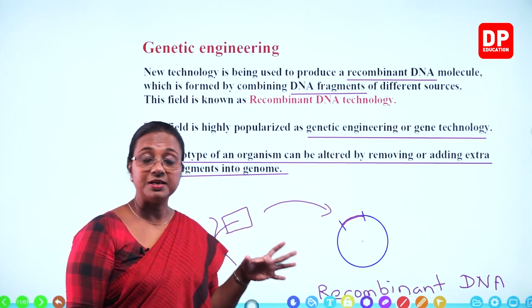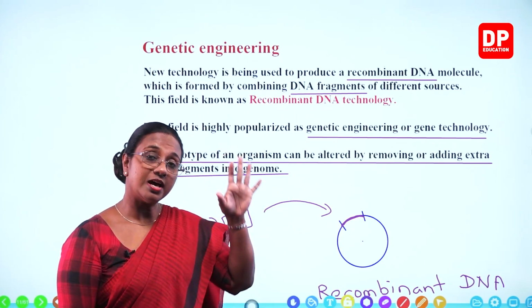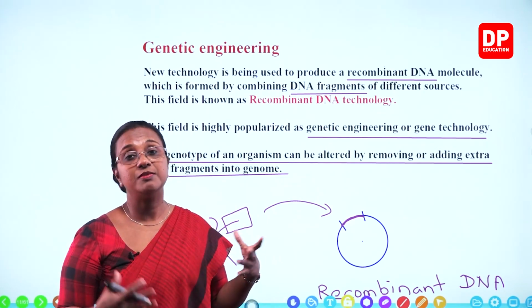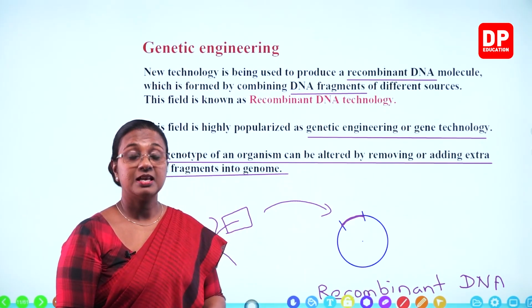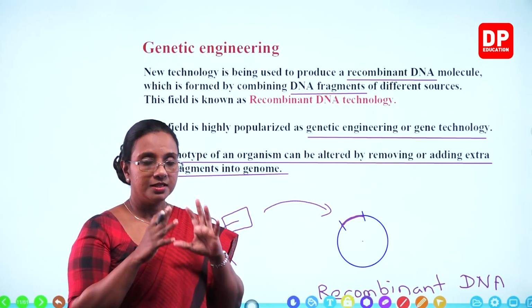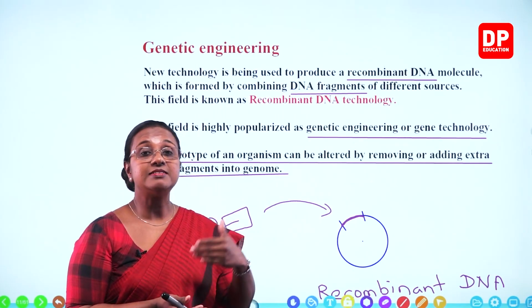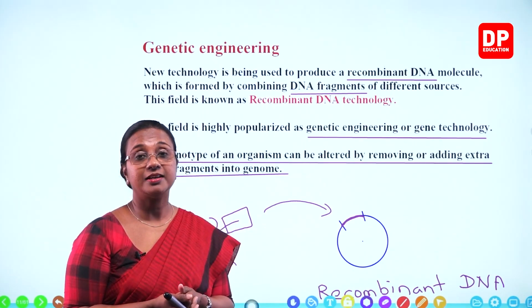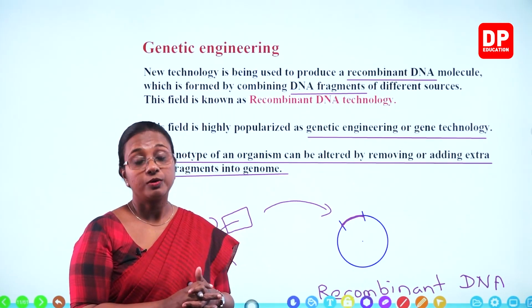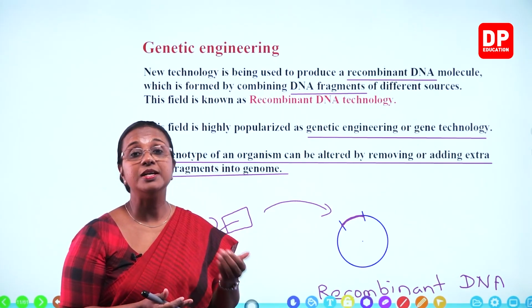If you take a person, we have 23 pairs of chromosomes. In those there are certain genes responsible for different characteristics. The 23 pairs of chromosomes, and the genes responsible for different characteristics present in those chromosomes, together are known as the human genome.